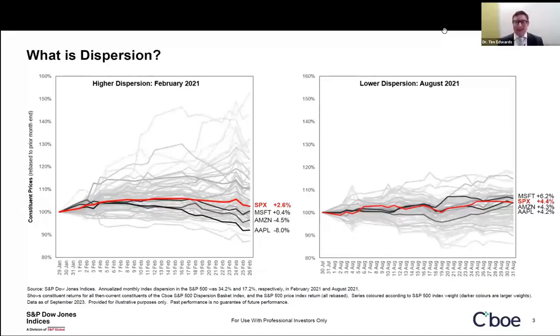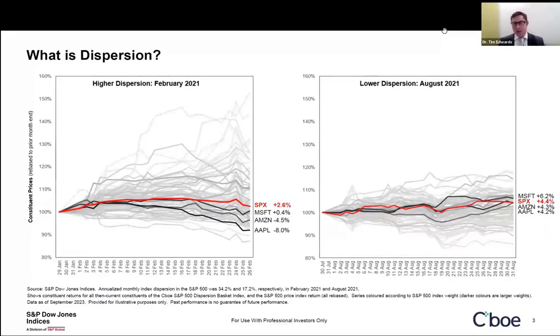It measures the distribution of individual stock returns around their average, and obviously their average is as represented by the index. In many cases, a picture can tell 1,000 words, and hopefully you can see a rather beautiful slide, if I dare say so myself, which explains visually the conceptual framework of dispersion.